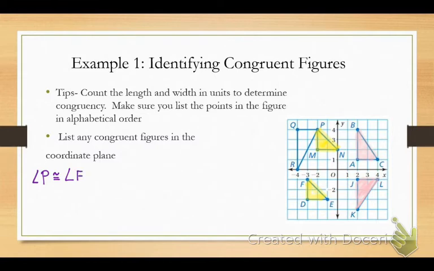Now, because we have two sets of congruent triangles, we're not going to list them all, okay? That would take a lot of time. There would be 6 of them. But on your homework, you will be asked to list them all. So let's just kind of say them out loud. Which angle corresponds with N? E. Which angle corresponds with M? D. Okay, so are we picking up on this?